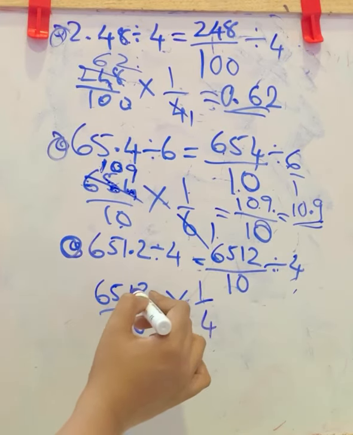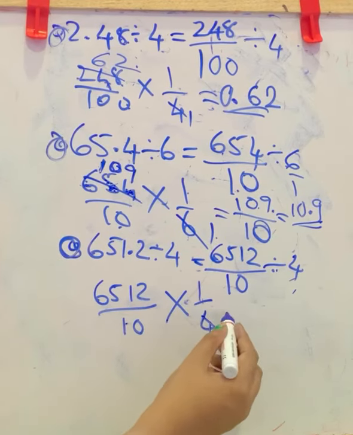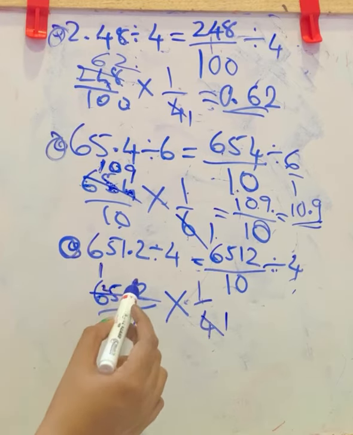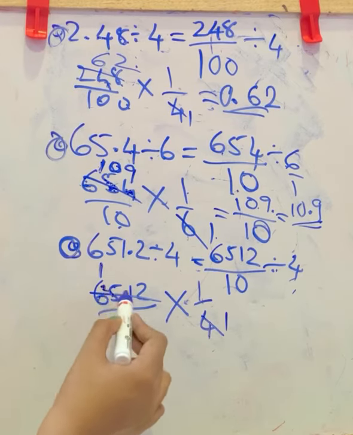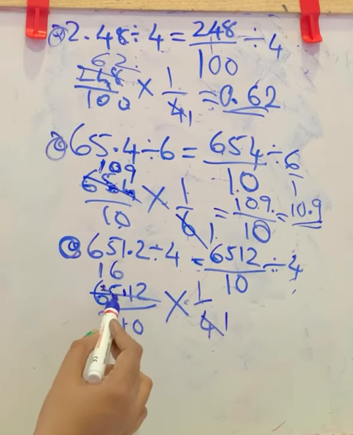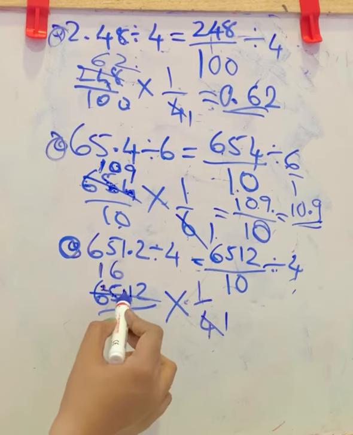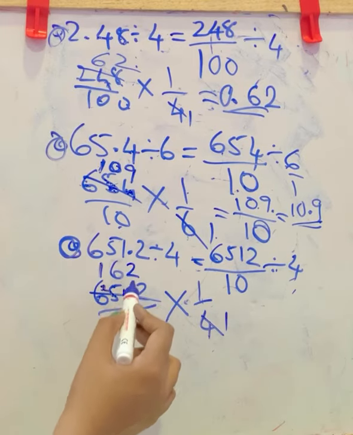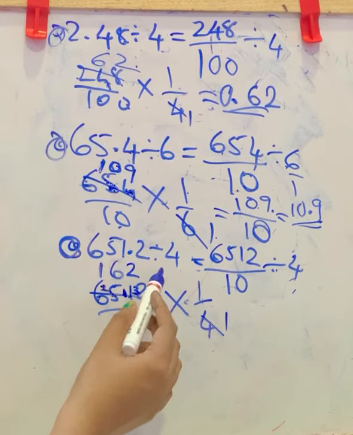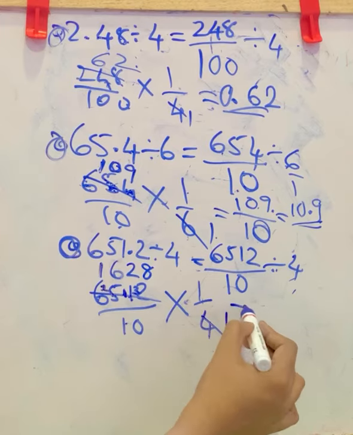Now in 6512 and 4, we have 4 as the common factor. 4 ones are 4. In 6, 4 ones balance 2, 25. In 25, 6 4s are 24. Balance 1, this becomes 11. In 11, 4 2s are 8. Balance 3, this becomes 32, and 8 4s are 32.